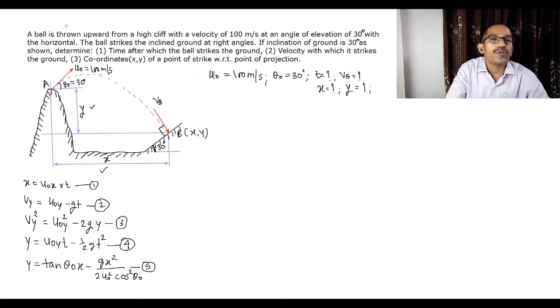Since u0 and theta 0 are known, what you can find out here is, by resolving u0 along the x and y axes, these initial components of velocity. That is nothing but u0x and u0y.